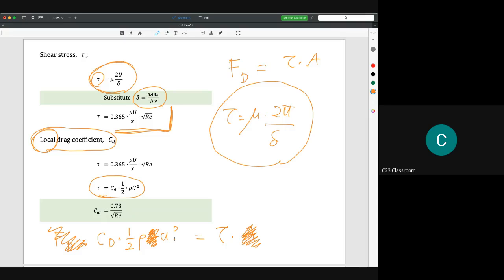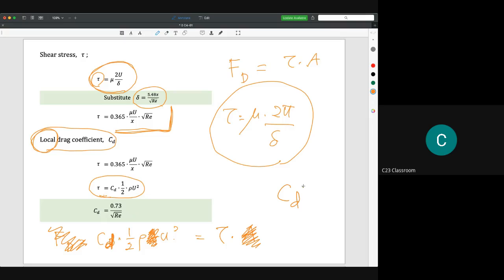So here, to differentiate between the local drag coefficient and the total drag coefficient, we just change the symbol. I just use the C with a small d. And this symbol C D and so on is actually not fixed.